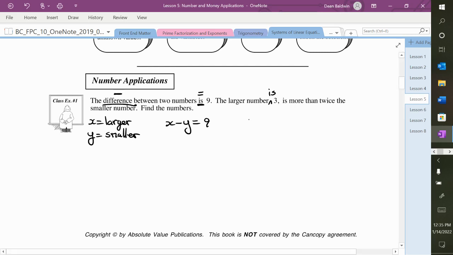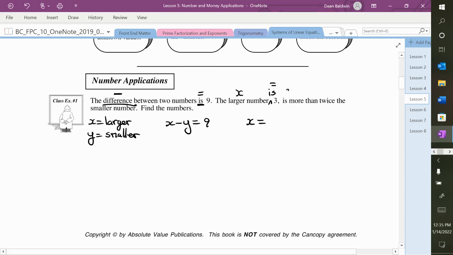X. So X is, what does is mean in math? Equals 3 more than twice the smaller.